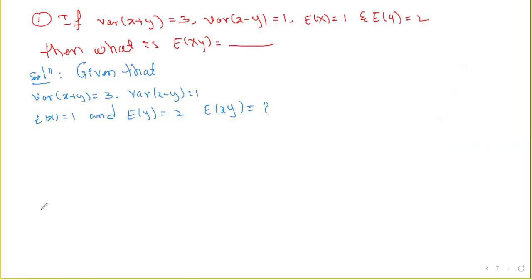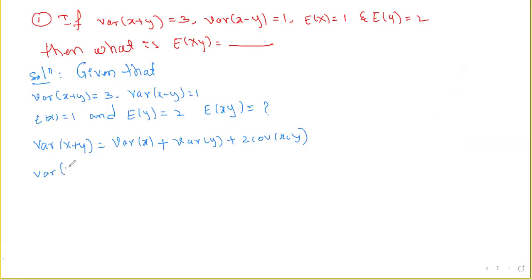You need to consider the variance formula. Variance of x plus y equals, what is the formula? Variance of x plus variance of y plus 2 times covariance of x comma y.